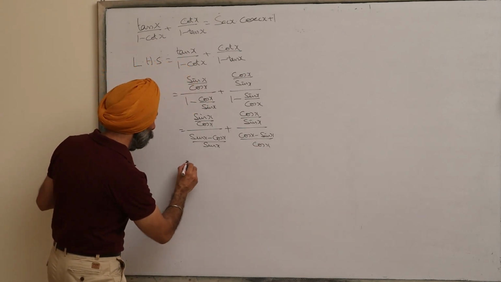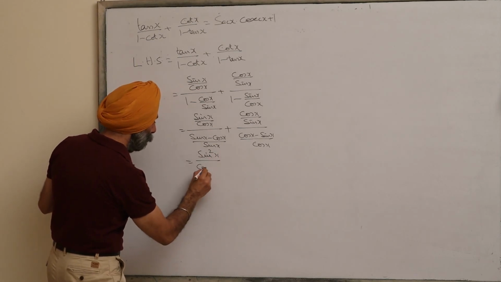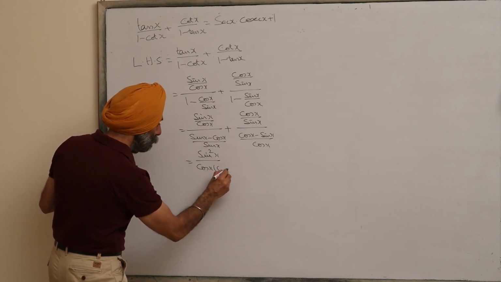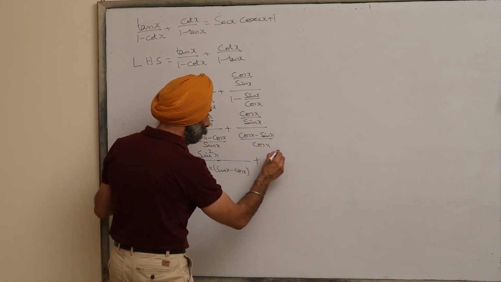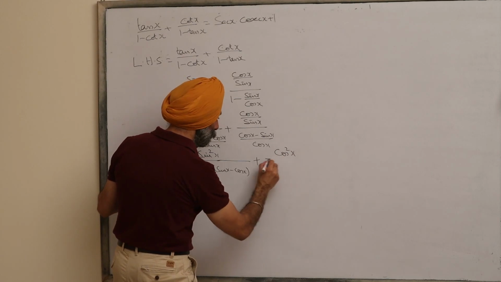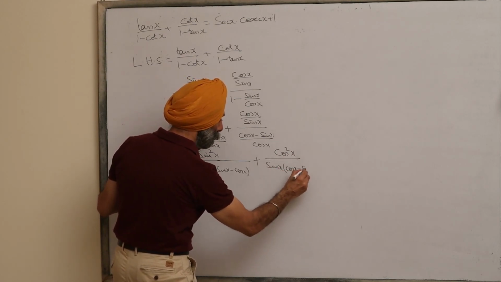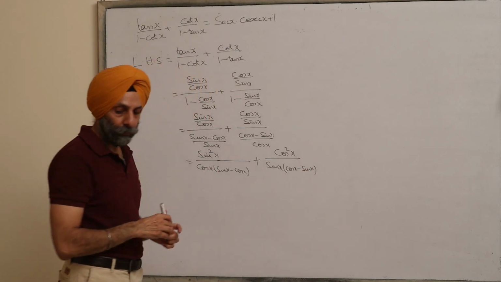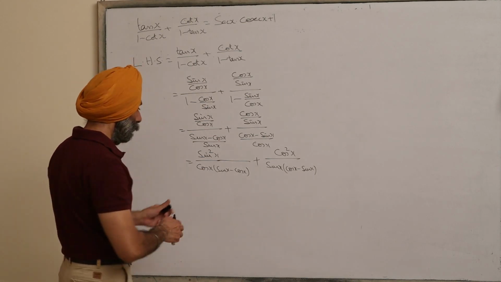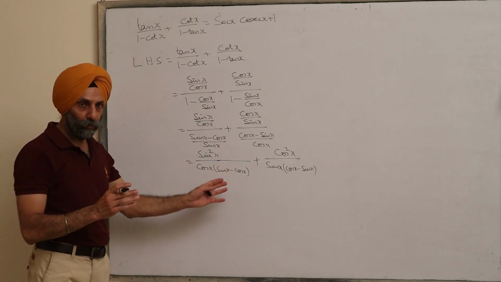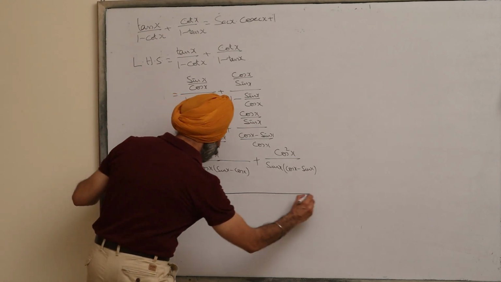Again you simplify this, it comes out to be sin^2 x upon cos x into (sin x minus cos x), plus cos^2 x upon sin x into (cos x minus sin x). Now before simplifying, you take the LCM. LCM is what?